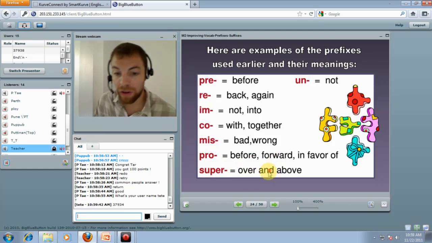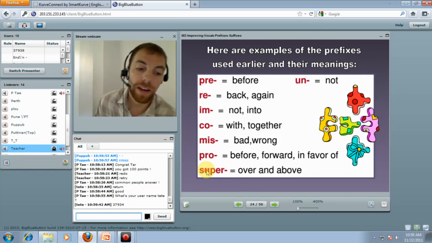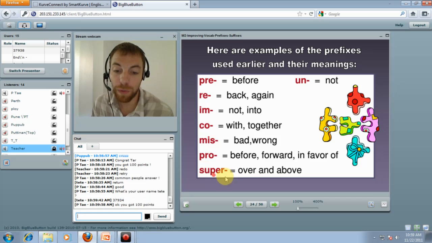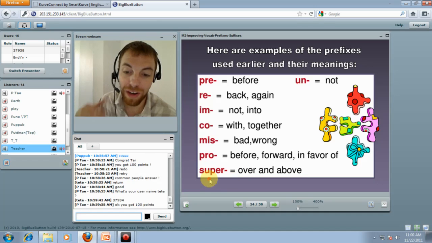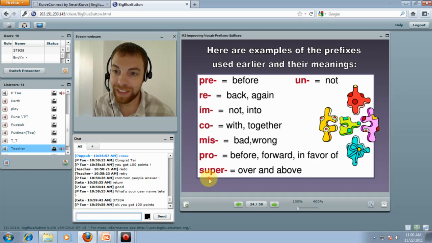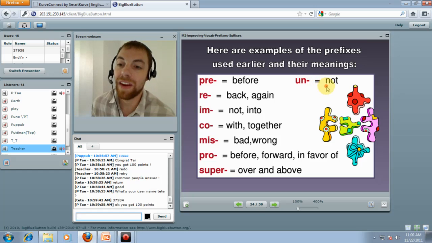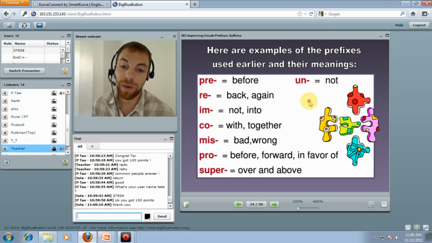Super, over and above, like Superman and Superstar and super crazy. Anything with super means over and above, extra, very, very, very. And un means not. So undo is to not do something.